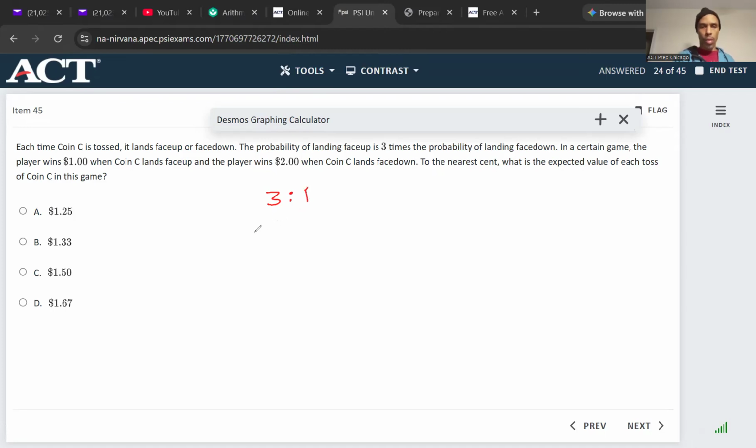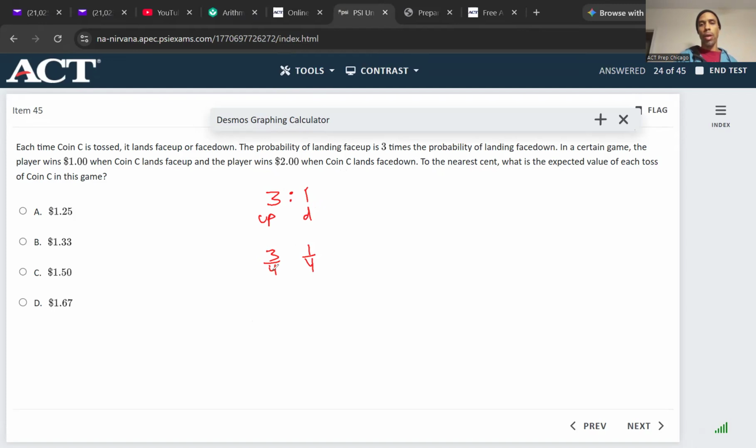So if up would be three, down would be one. That's a probability of three to one ratio. So that would be 3 to 4, because the total was 4, right? So 3 out of 4 probability landing up and 1 out of 4 probability landing down. Hope you guys see that. So those are my probabilities.